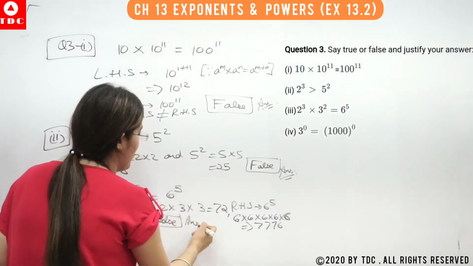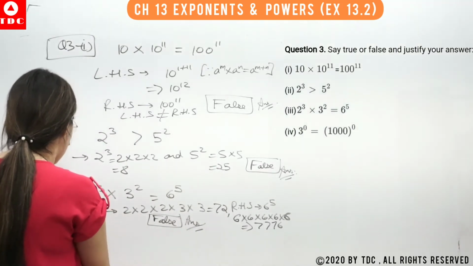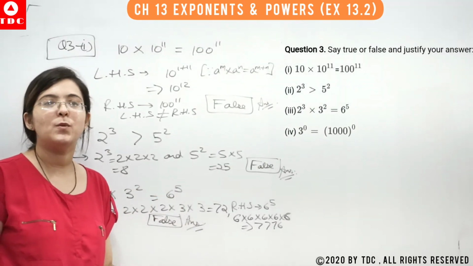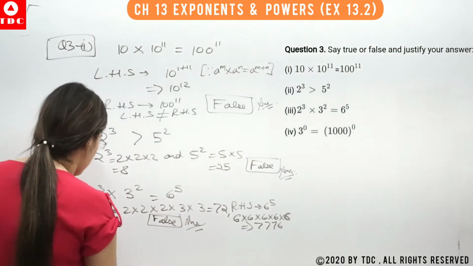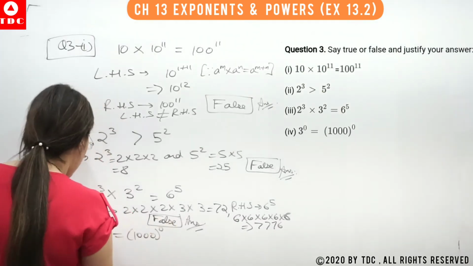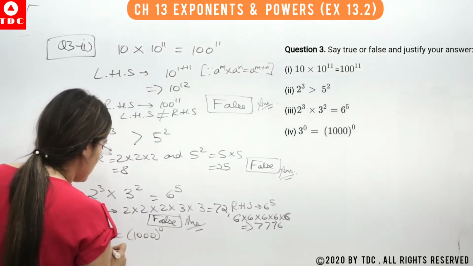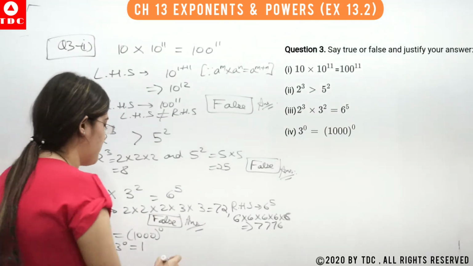First, second, third, all have come false only. Now see the last one. The last one is given as 3 to the power 0 is equal to 1000 to the power 0. Now see, LHS is 3 to the power 0. Any number to the power 0 is 1.